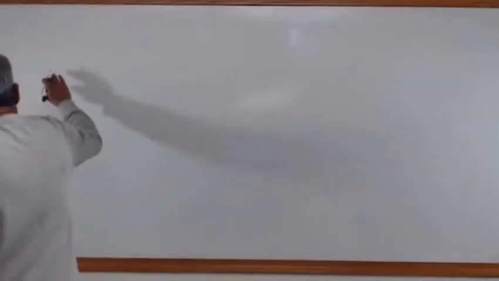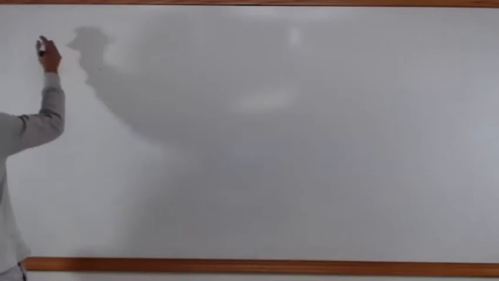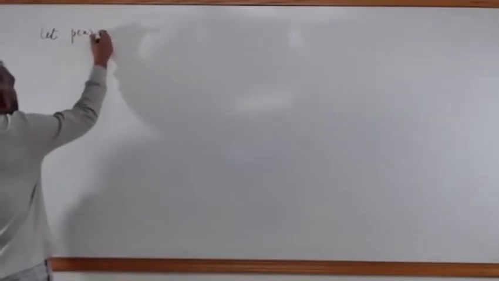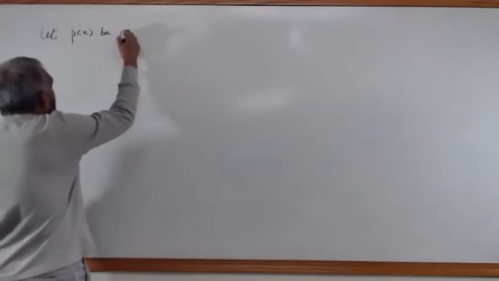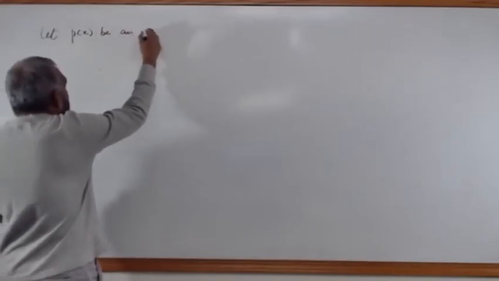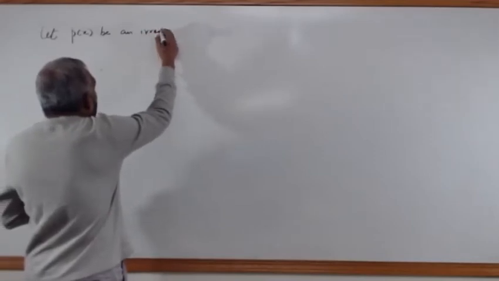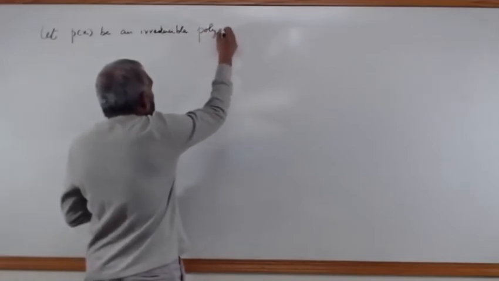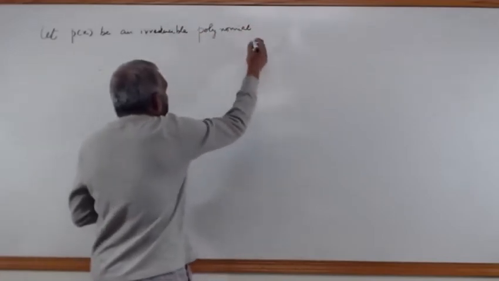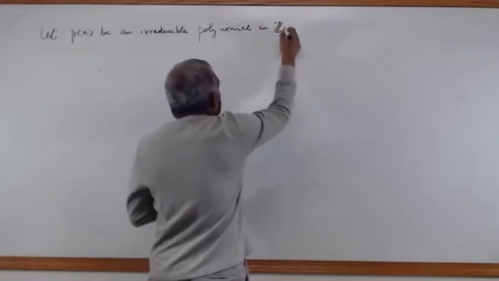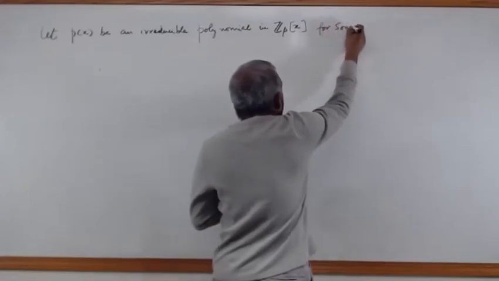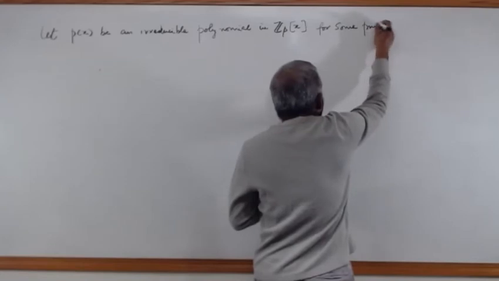The next problem we are going to do is: let p of x be an irreducible polynomial in Zp of x for some prime p.